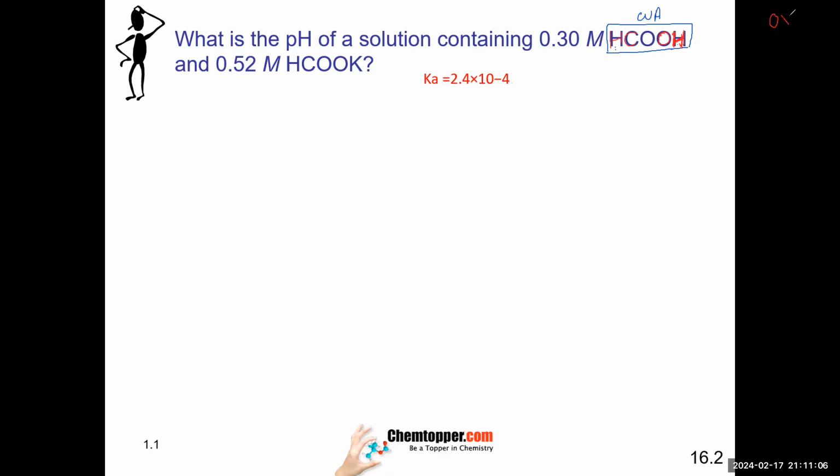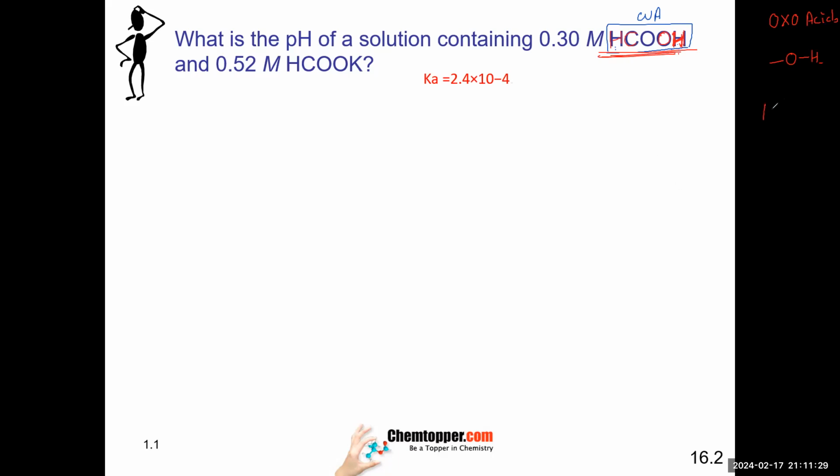In oxo acids, children, I told you that the acidic hydrogen is always on the oxygen. Sanjana is saying the first one because generally we say acids always start with hydrogen, but this is an organic acid, Sanjana.